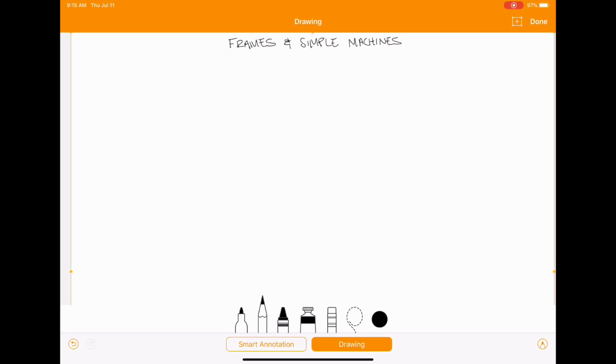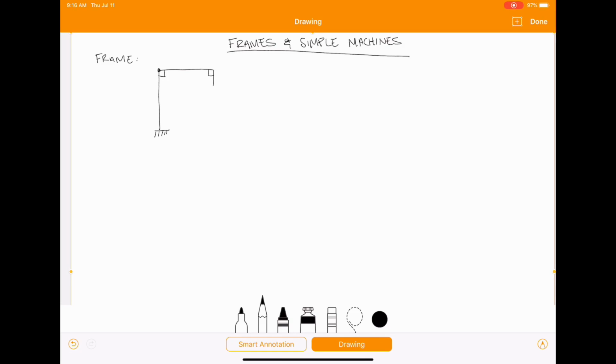So, let's start out by talking about what is a frame. A frame is a rigid body that is made up of different components that have fixed pieces.